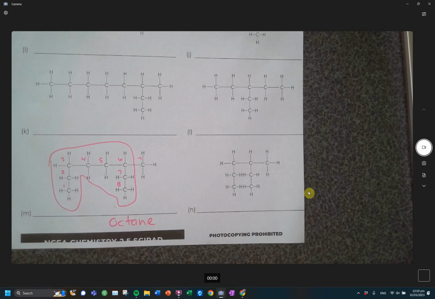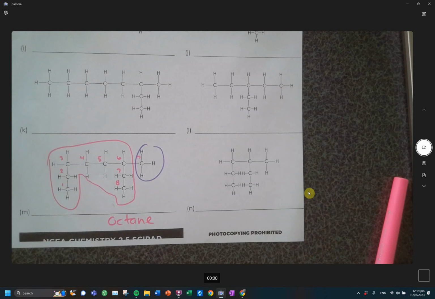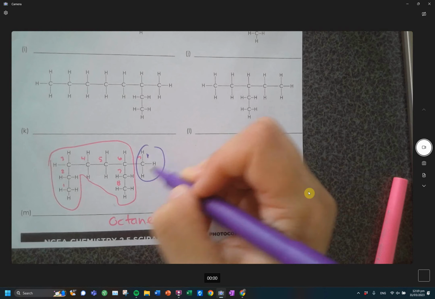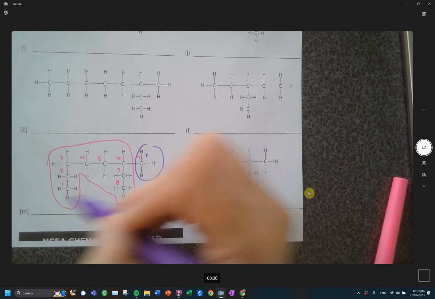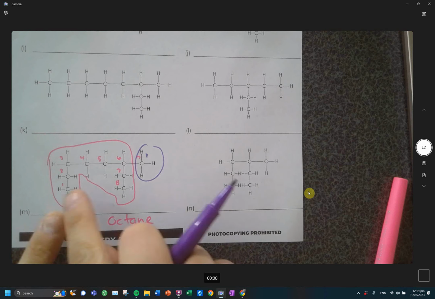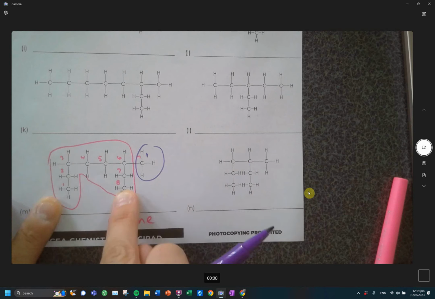All right, what do I have coming off of it? How many carbons is there? This one? 1, because this is my branch. That 1, 2, and that 1, 2, that's part of the main chain. So this is not an ethyl, this is not an ethyl, because this is part of the main chain.